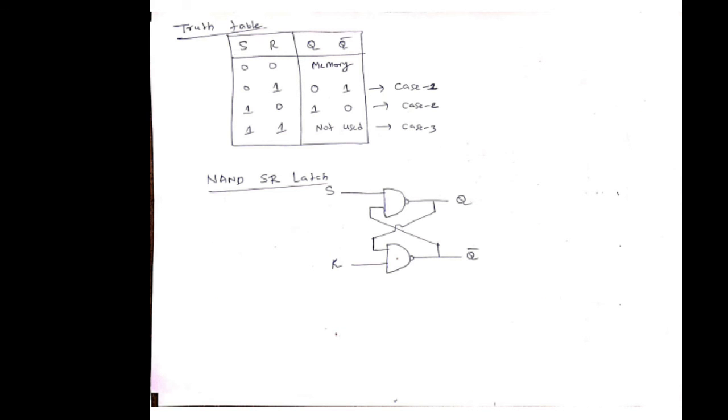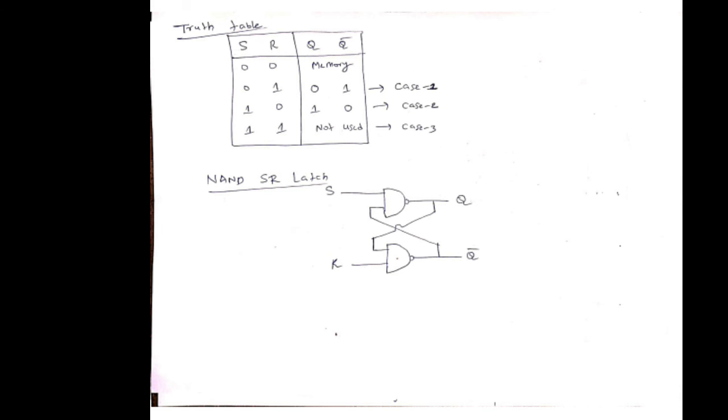Next, from this I am making one table, that is the truth table of this SR latch, where S and R are inputs, Q and Q bar are outputs. From these three cases I can observe for 0 0 it is a memory state. For 0 1, Q is 0, Q bar is 1, that means it is the reset state, because Q is 0.